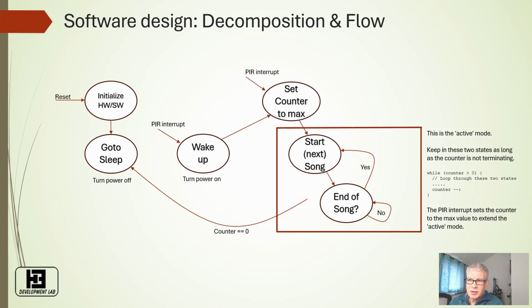So that means that the interrupt should also trigger that counter to be set to the maximum value again. So each time the PIR sensor detects somebody, the counter is set to the maximum value, then we return to the loop which counts down, etc.